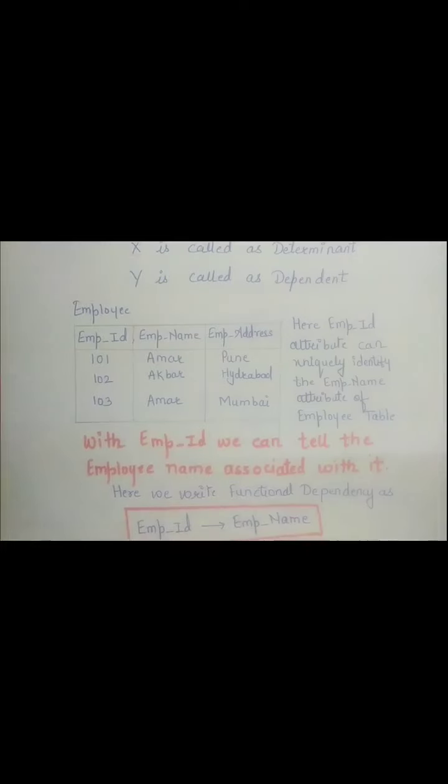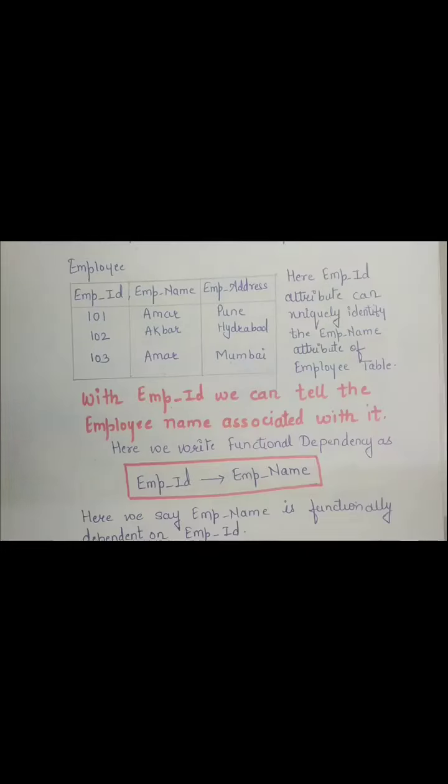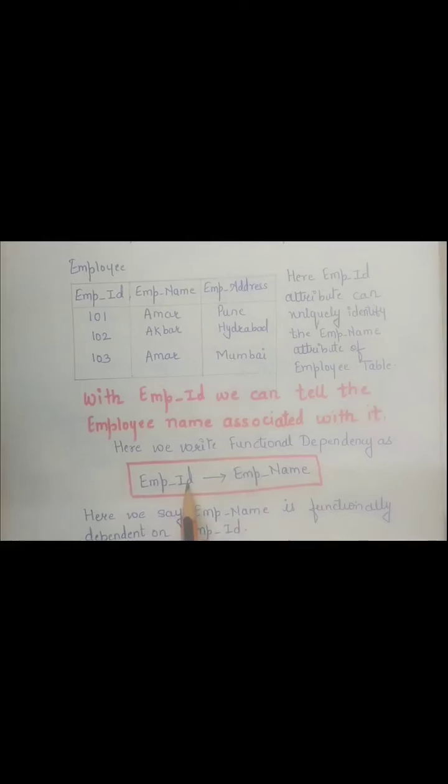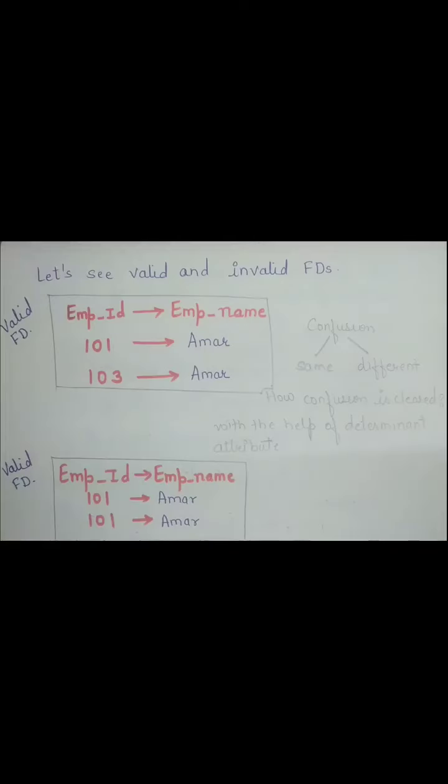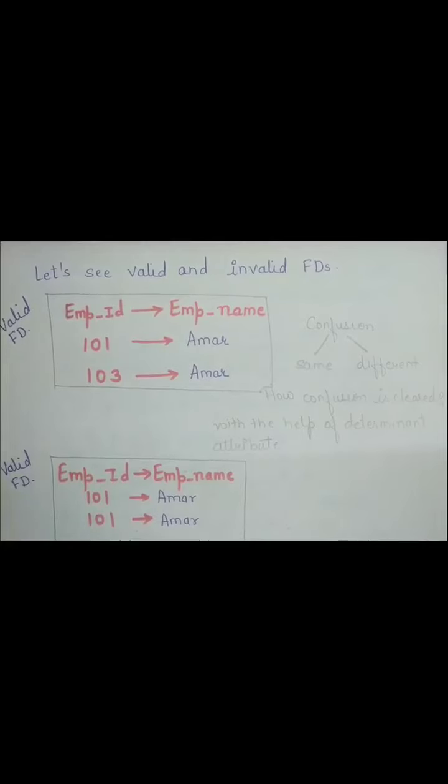Employee name is functionally dependent on employee ID. That's why employee ID is the determinant and employee name is the dependent. Now you have come to know the meaning of functional dependency: it tells us the association between the attributes of your table.